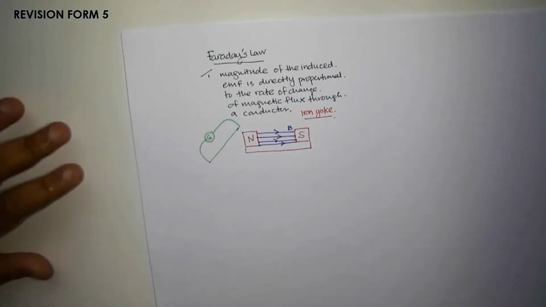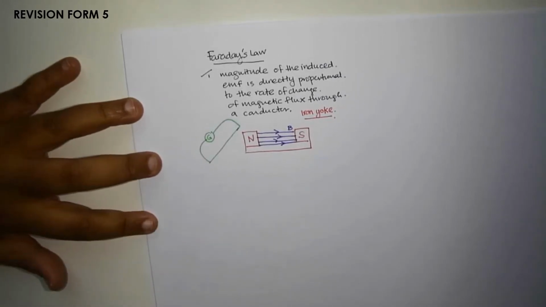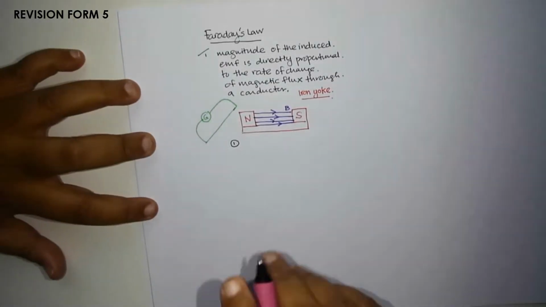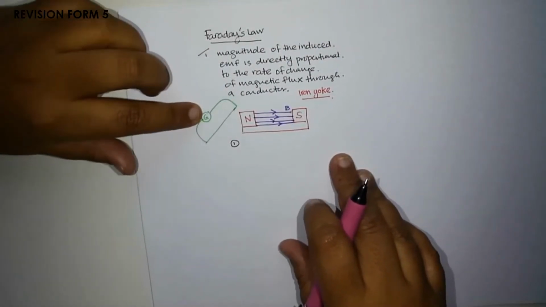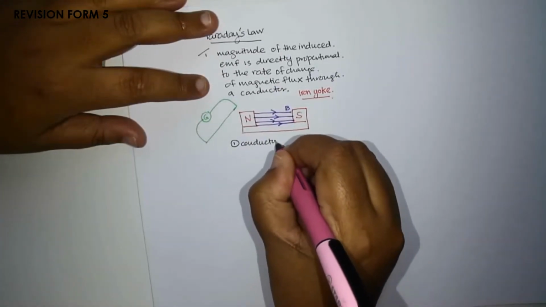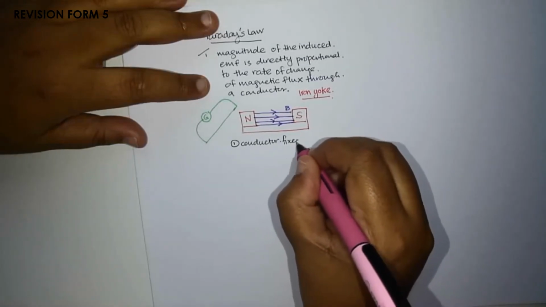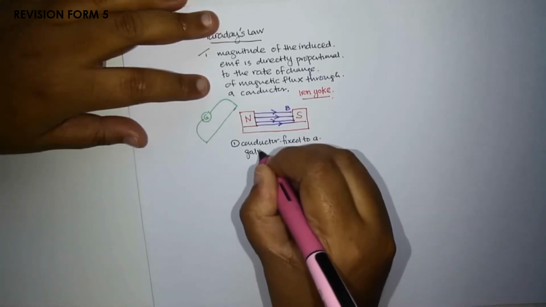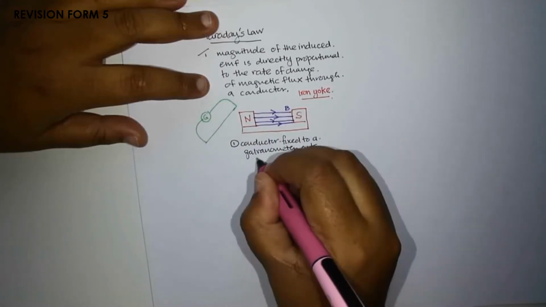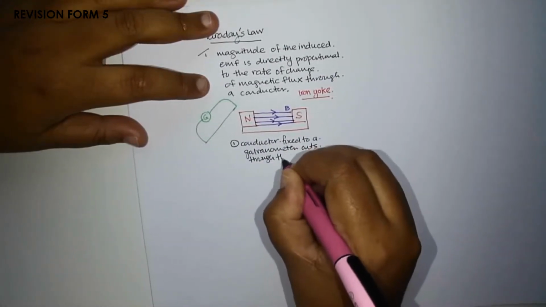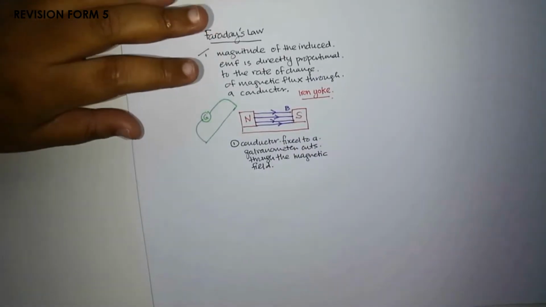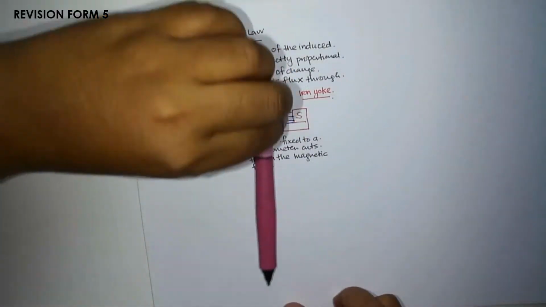Number 1: we take this conductor, which is fixed to a galvanometer, and we cut through the magnetic field B. If this is the conductor, I take it and I cut through the magnetic field.